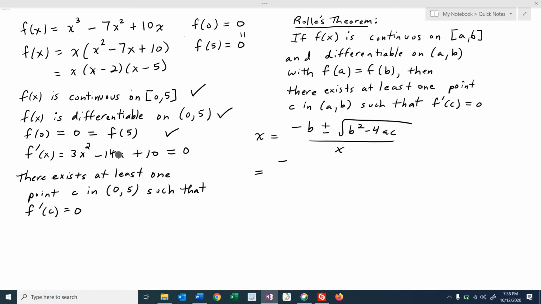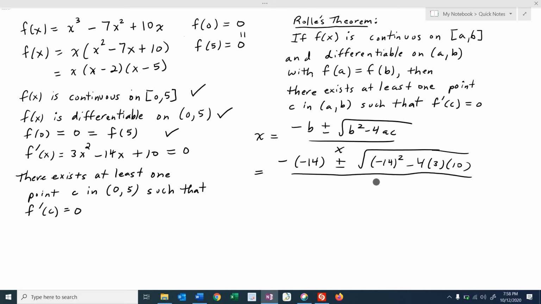Okay, so minus b, now notice b is a negative 14, plus or minus the square root of b squared, minus 4, a is equal to 3, and c is equal to 10, all over 2a, and a is equal to 3. Oh, I wrote this as x, it should be 2a.